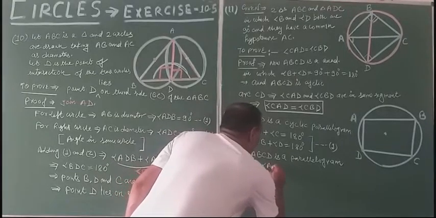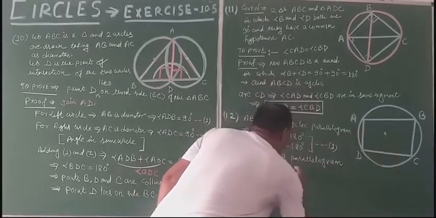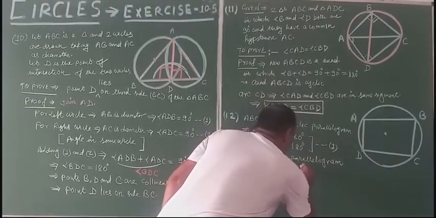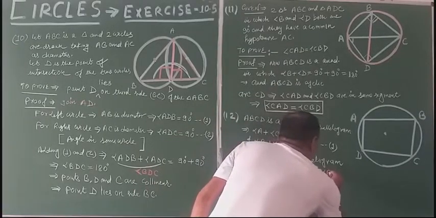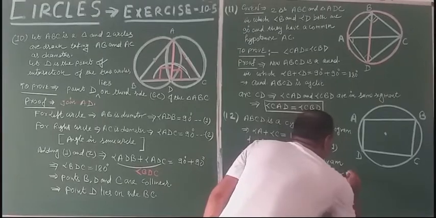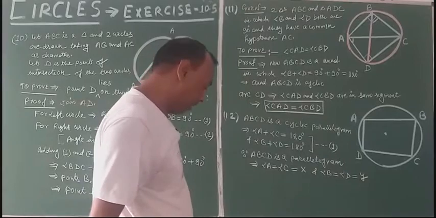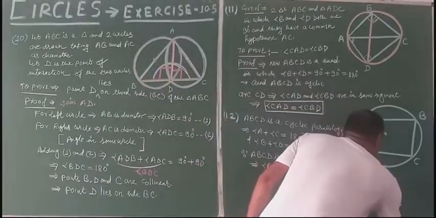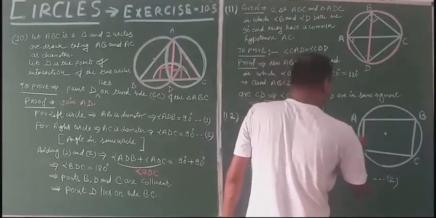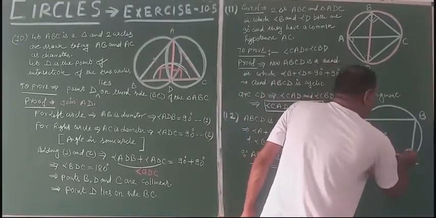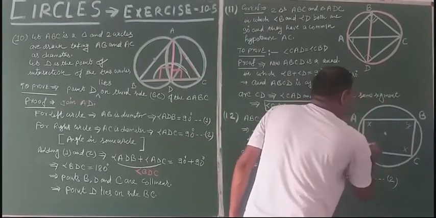Angle A will be equal to angle C. Let this angle A and angle C be X, and angle B will be equal to angle D, and let them be Y. This is equation number 2. These two angles I have taken X, and these two we have taken Y. Is it there?